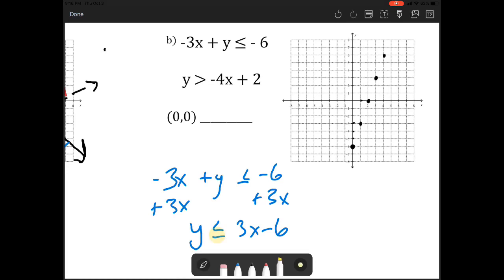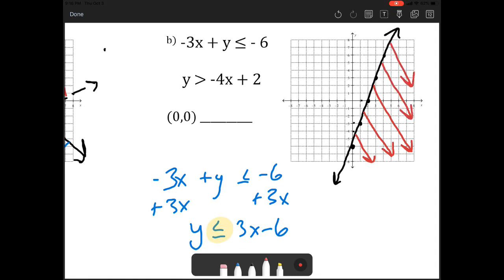Okay, so this one is greater than or equal to, so I can draw a solid line through my graph here. And before I move on, I'm going to shade what I need to shade. So this is saying my y is less than, which means I'm going to shade everything below my line. So I'm going to make all my arrows here go this way.